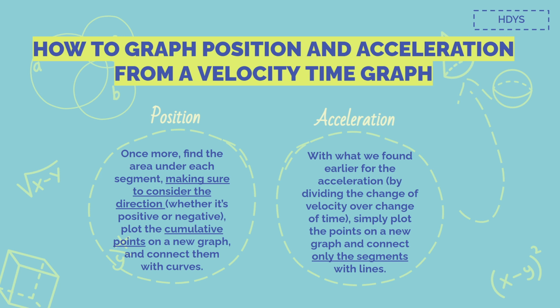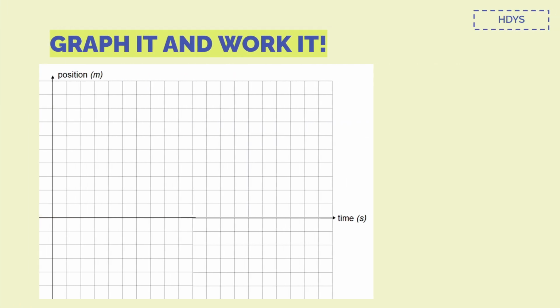In fact, completely unrealistic, because in real life, a car, for example, cannot just jump to a certain acceleration. It has to accelerate gradually or decelerate gradually. But in this case, we neglect and disregard the realistic circumstances and just focus on simple physics. So now let's actually work it out.